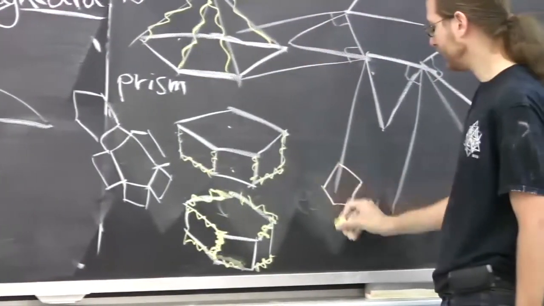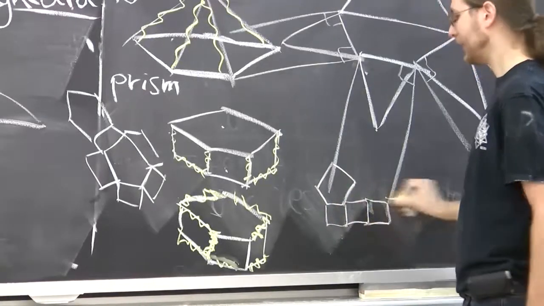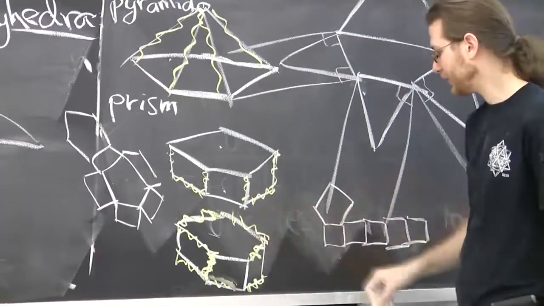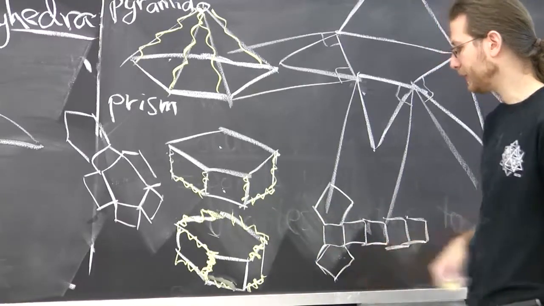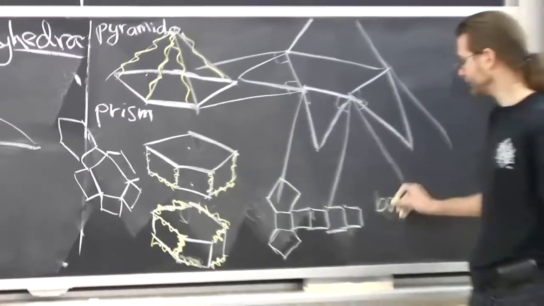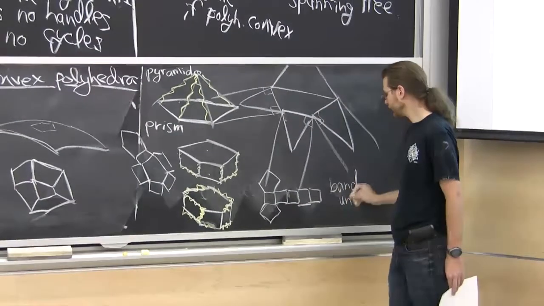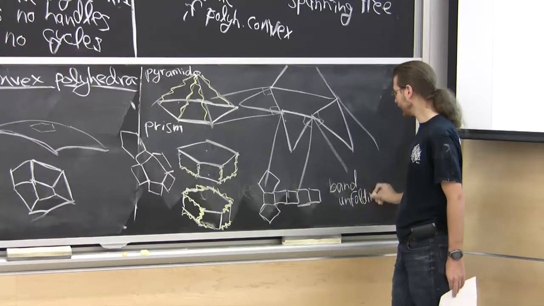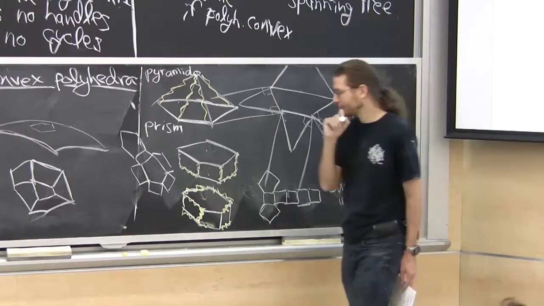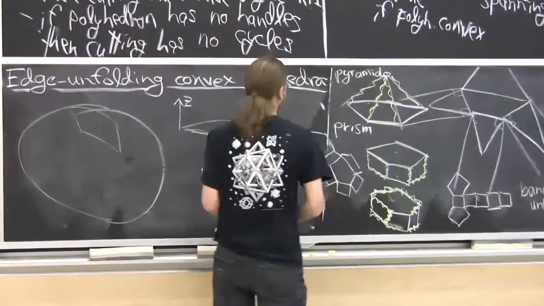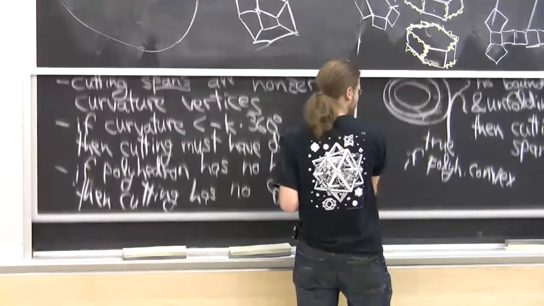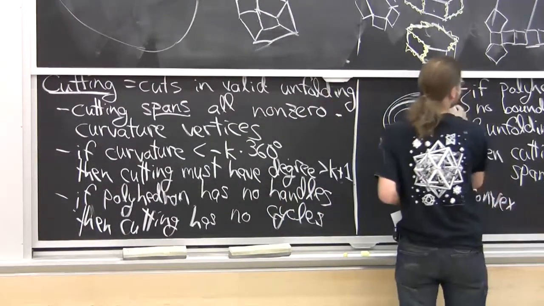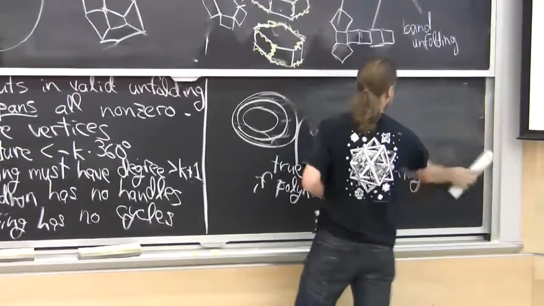So what I should get is my top face, then a rectangle, the band that goes around the outside, and then another copy of my shape, the bottom side. This is what we call band unfolding. And there are some nice theorems about band unfoldings working out. Or let me get to more interesting polyhedra. These are some pretty simple cases, but we don't know very much on the positive side.